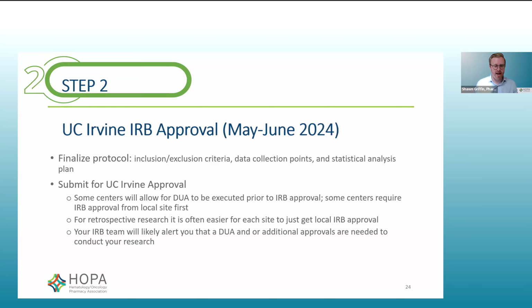When you start going down the path of a central IRB or a single IRB serving as the IRB for the other institutions, you're adding another layer of complexity that's not necessarily required. So my recommendation, especially for this type of research, is that each center get its own local IRB, starting typically with the main center or the coordinating site.